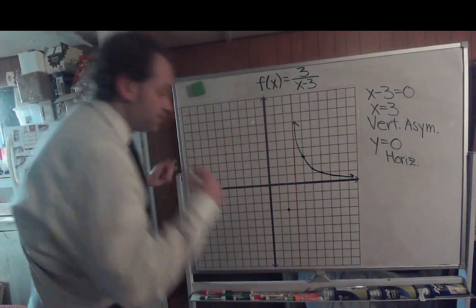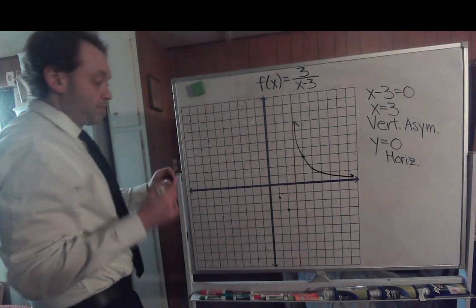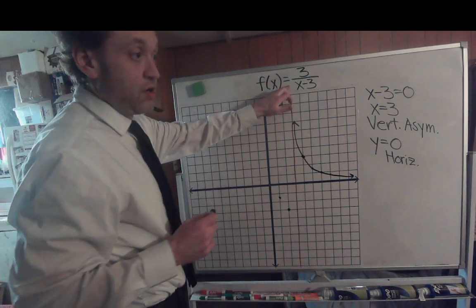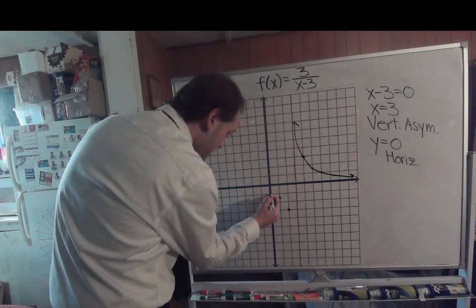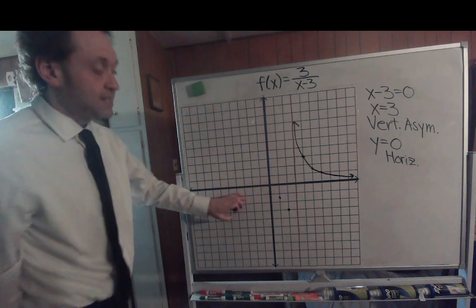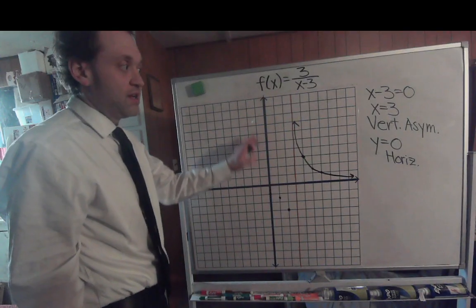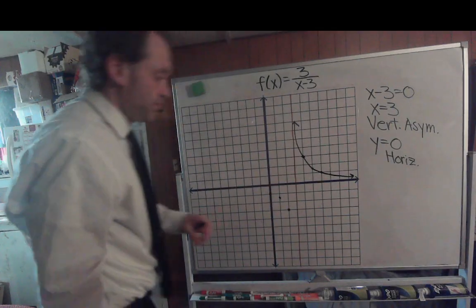You would get negative 3 halves, so that would be negative 1.5. What about when x is 0? You would get 3 divided by negative 3, which would be negative 1. So yes, we can in this case cross the y-axis because that's not our vertical asymptote. Our vertical asymptote is x equals 3.